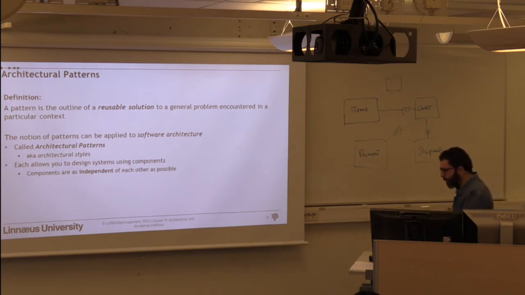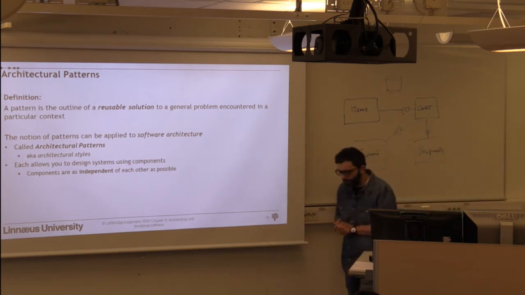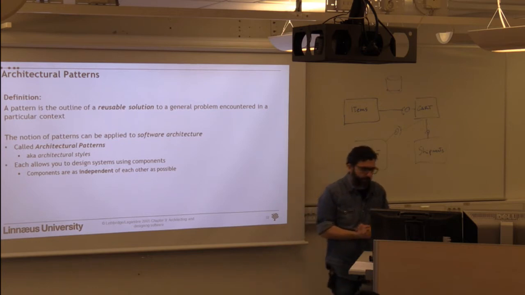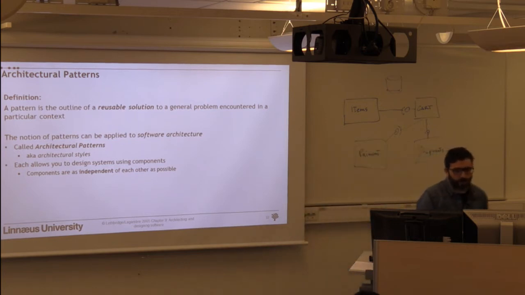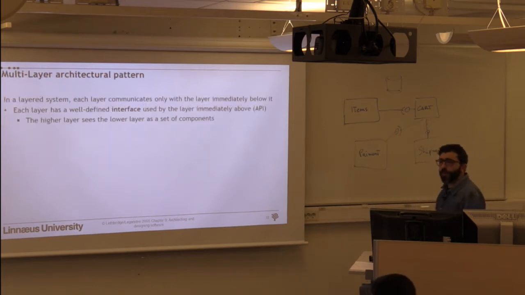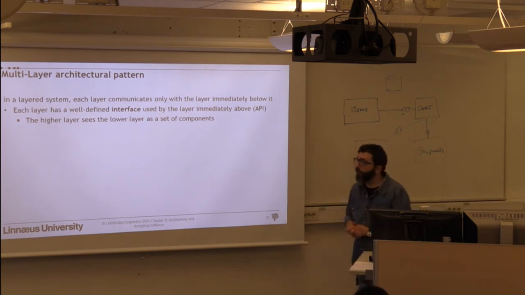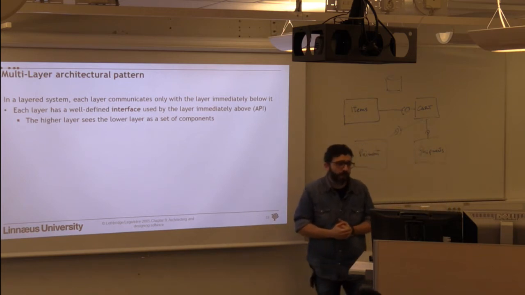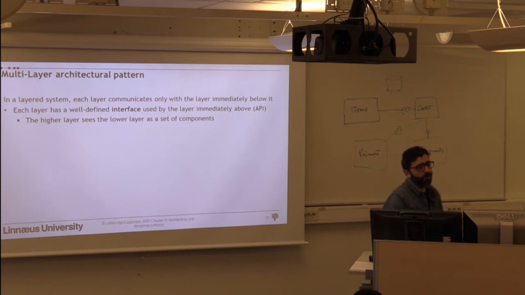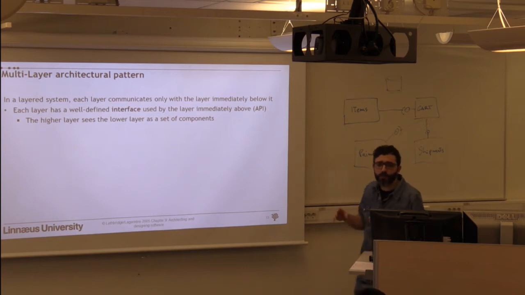There are many different types of architectural patterns. Let's discuss some of the most used and most useful design patterns. The easiest one, and I think one of the most used, is the multi-layer architectural pattern. The idea is to split the system into subsystems.